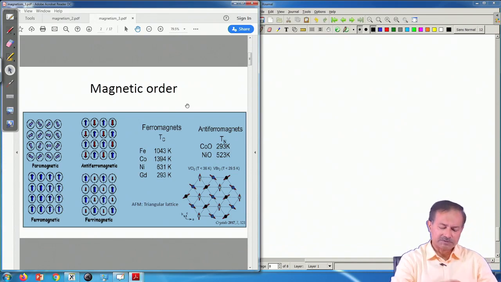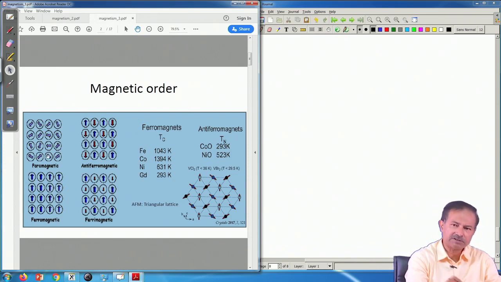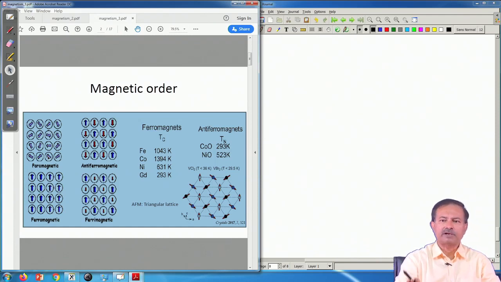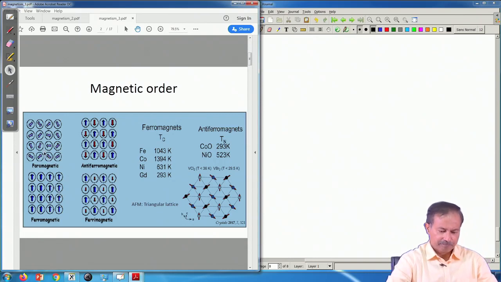Now, if you measure the moment at a particular site, at a particular ion, you will pick up a moment, but if you find out the total magnetization of the system, you will not find any moment. That is what a paramagnet does.